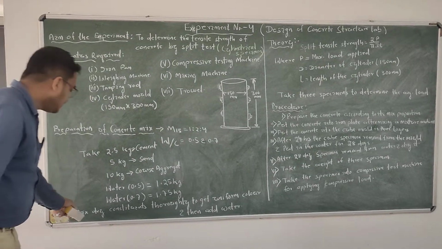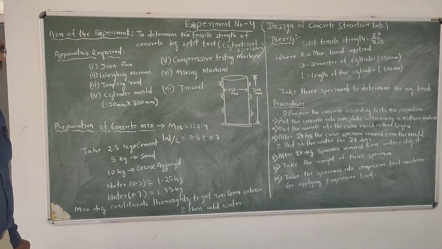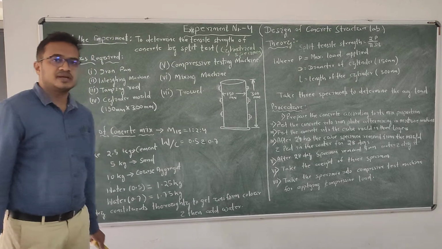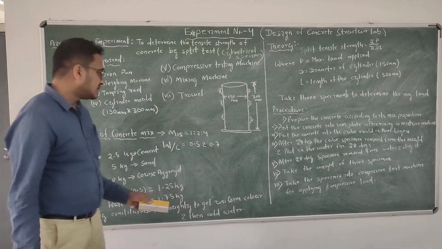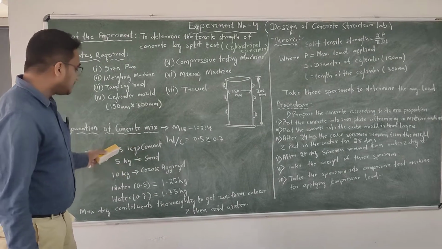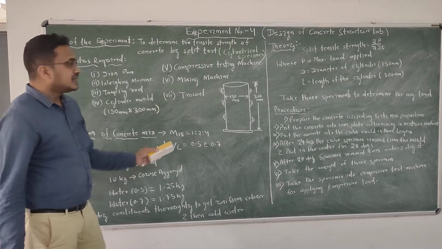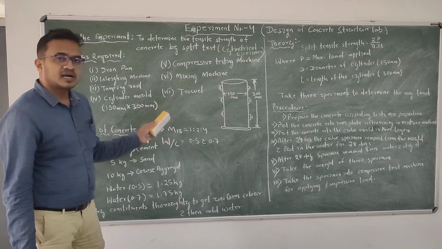We have to mix all the dry concrete materials thoroughly to get a uniform color, and after getting that uniform color, then add water to the mixed proportion. Here we are taking 2.5 kg, 5 kg, 10 kg, because we are preparing 3 cylindrical specimens for our experiment.